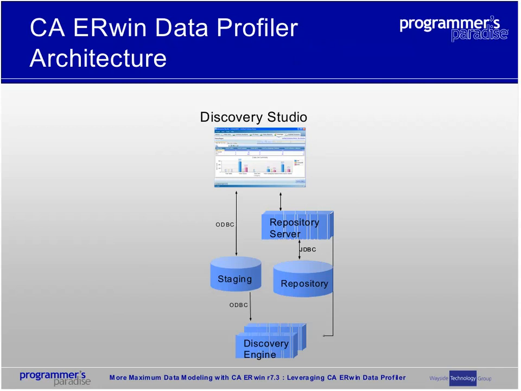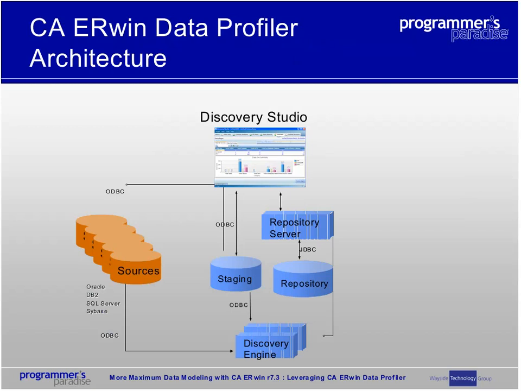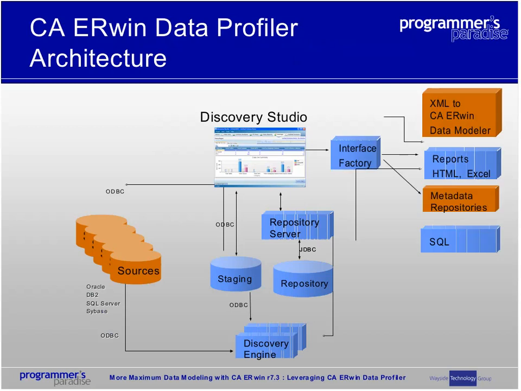As we look at the data profiler architecture quickly, first of all, it has 3 different parts: Discovery Studio, Discovery Server, and a Discovery Engine. As you can see here, the Discovery Studio is the GUI. That's the GUI that you would create your projects from. That's where you would work with your information.